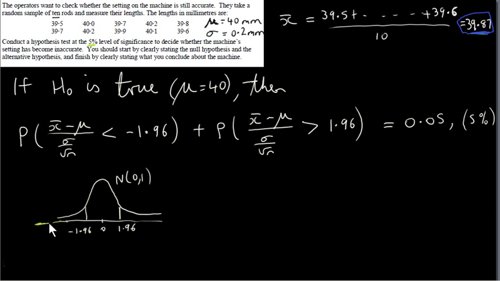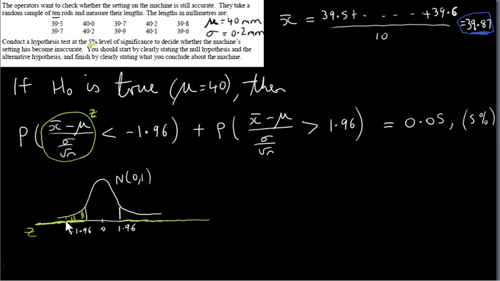So the probability that our z-score is less than minus 1.96, so this would be our z-score. So this is our standard normal distribution. These values are called the z values along here. Or the probability that our z-score is greater than plus 1.96 must equal 0.05.